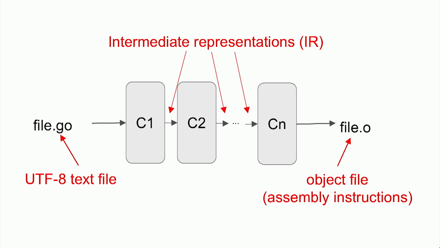It has a bunch of components, and those components talk to each other in a processing pipeline. The things that the compiler sends from one part of the pipeline to the other are called intermediate representations. They're in-memory representations of your Go code. The compiler passes those intermediate representations through all the processing phases until it gets to the end and generates an object file.